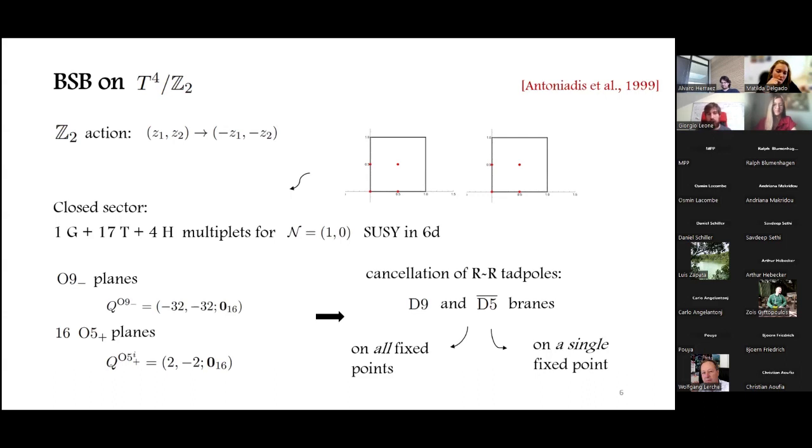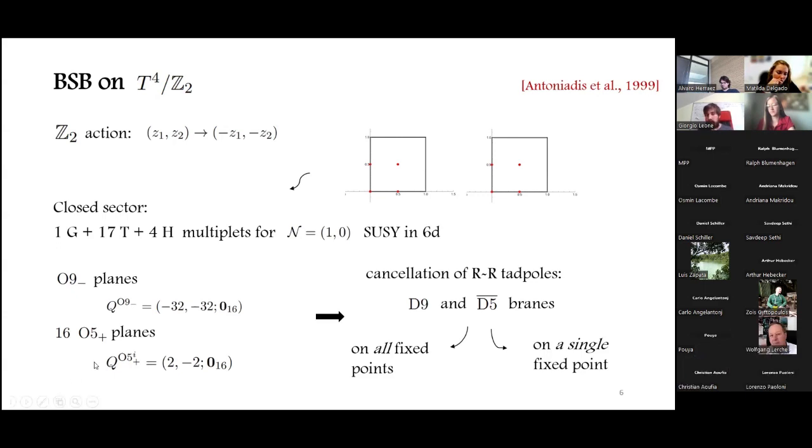This Orientifold projection, therefore, on one hand, allows us to compute the spectrum, which organizes into suitable supermultiplets for the minimal amount of supersymmetry in 6 dimensions. And on the other hand, it identifies Orientifold planes which have a non-trivial charge only for the untwisted Ramond-Ramond 6-forms that appear in the spectrum.